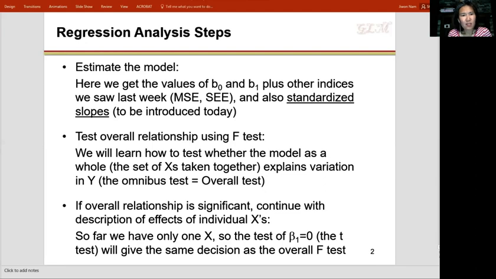Other indices we saw last week: MSE, mean square error, which is the standard error of estimate. Do you remember that? And also standardized slopes. We will learn that today. Standardized slopes is also called beta weight.